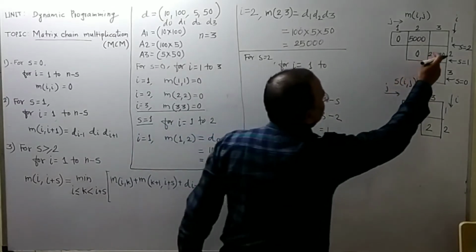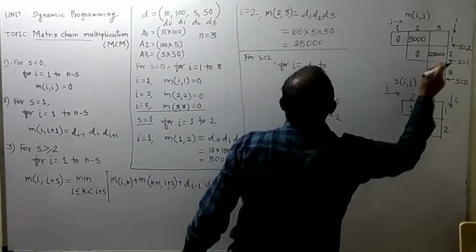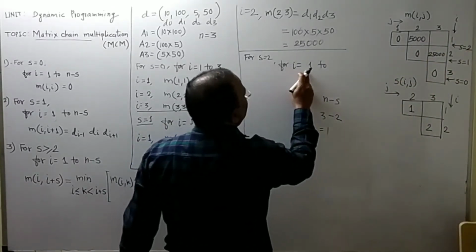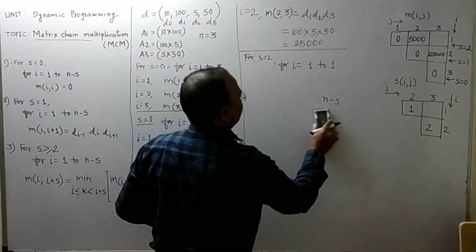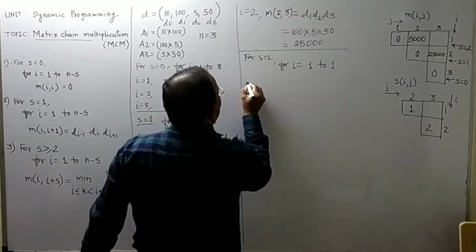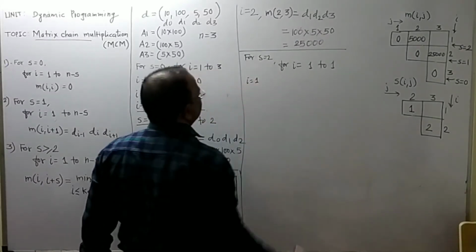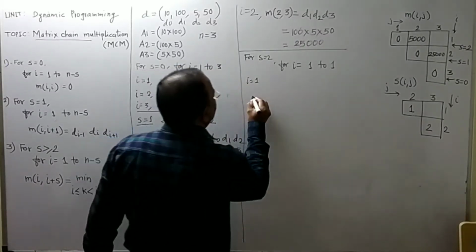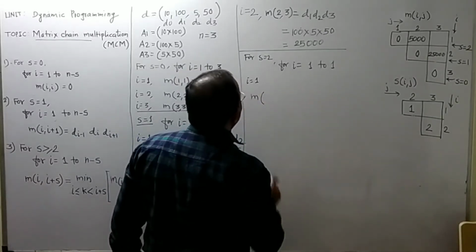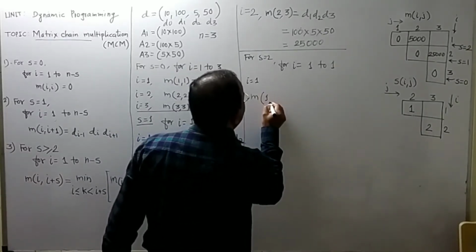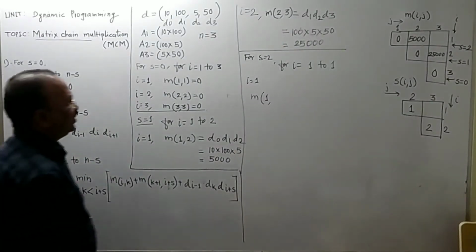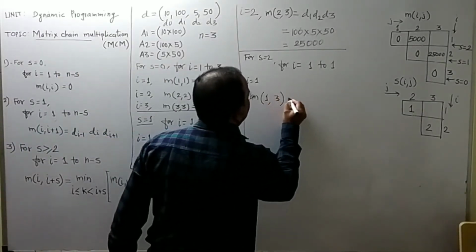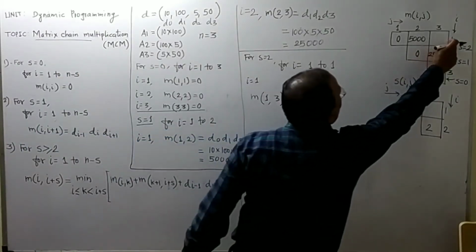You will get one cell for s is equal to 2, meaning I varies from 1 to 1. For I is equal to 1, m of I, that is 1, comma I plus s. So I is 1 and s is 2, 1 plus 2 that is 3. The 1 3 cell.